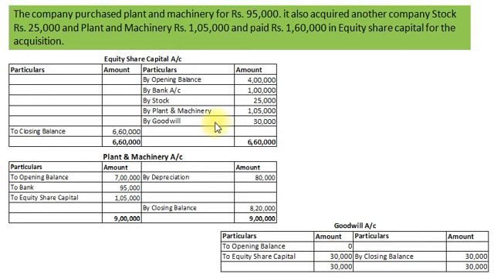After making posting, our equity share capital account will tally with rupees 6,60,000. Goodwill account will tally with rupees 30,000, and in plant and machinery account on credit side we will get a balancing figure of rupees 80,000. This will be treated as depreciation on plant and machinery. So our accounting entry will be depreciation account debit to plant and machinery account rupees 80,000.